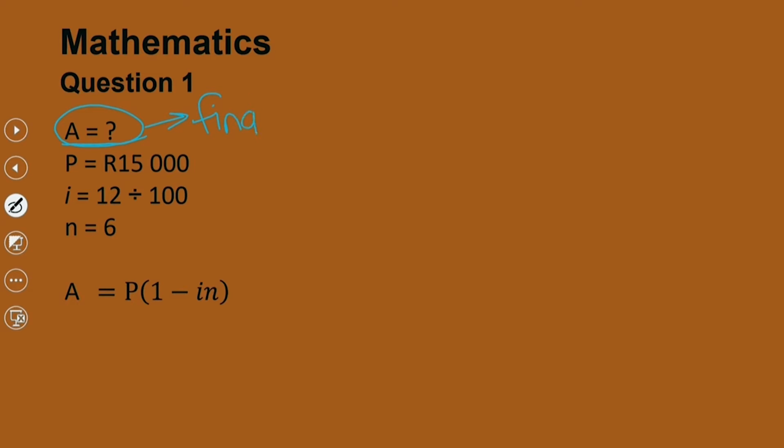When you pay attention to the values, you'll see we have the value of P, which is given as 15,000, and I has been given as 12%. So we write it as 12 divided by 100. You can also write it as 0.12. Very important. And then N, the number of years, is given as 6.